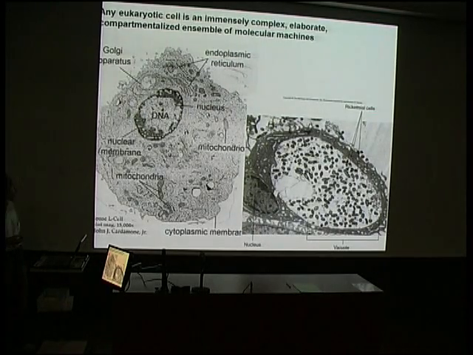It's interesting though to just see that. And this is the main reason I'm showing you this slide, not just to emphasize the complexity of the eukaryotic cell, but to graphically illustrate the relationship between the mitochondria and intracellular bacteria.